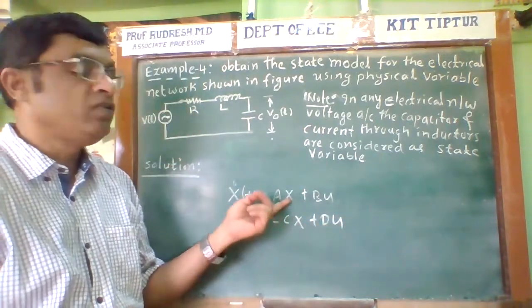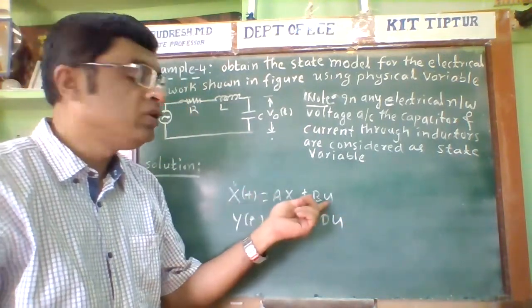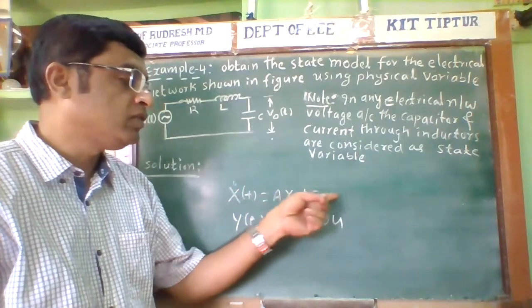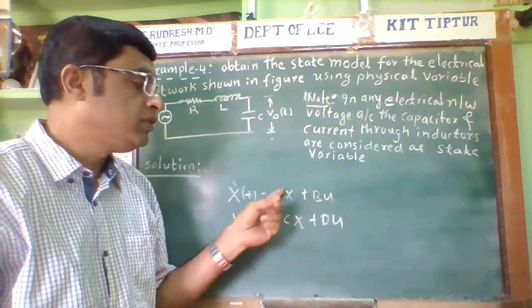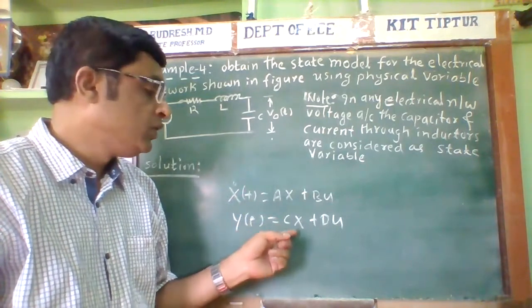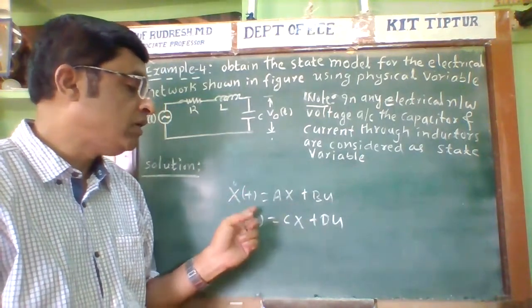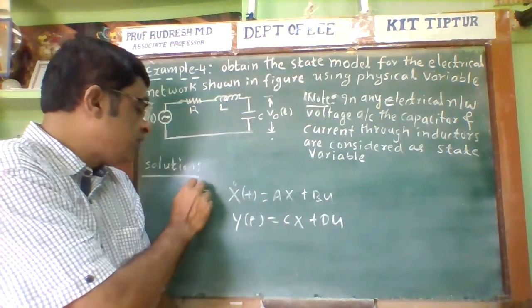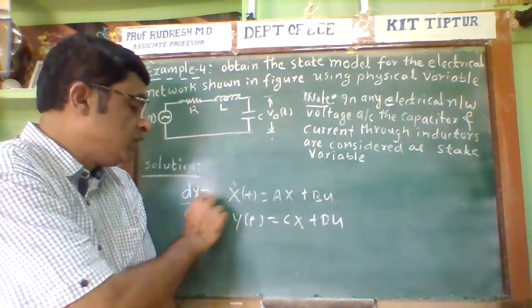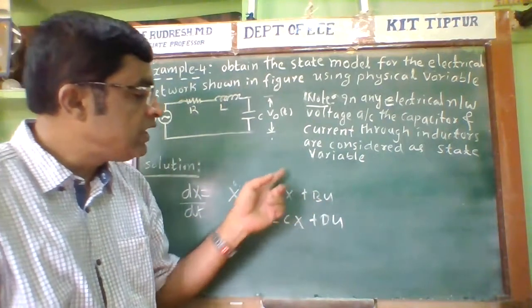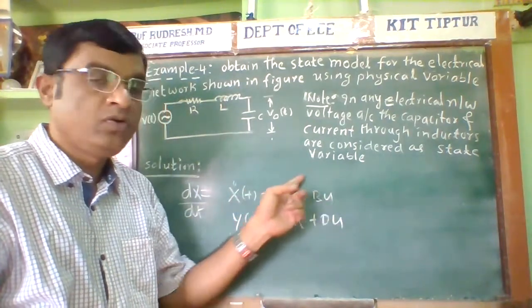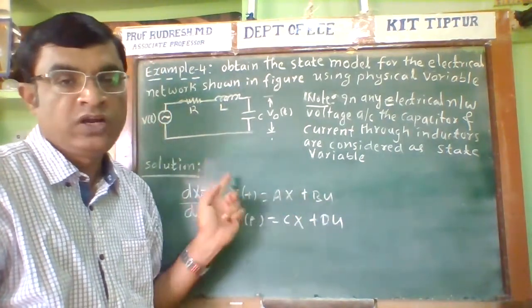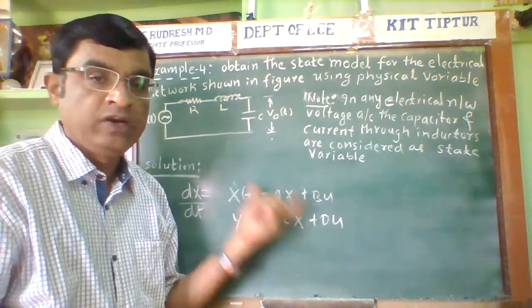Now x is the state variable vector and u is the input vector. The first derivative of the state variable is a linear combination of the input variables and also the state variables, which is called the state equation.